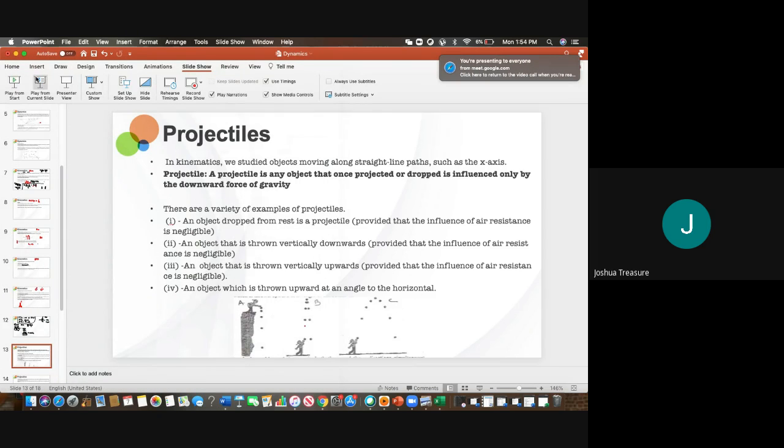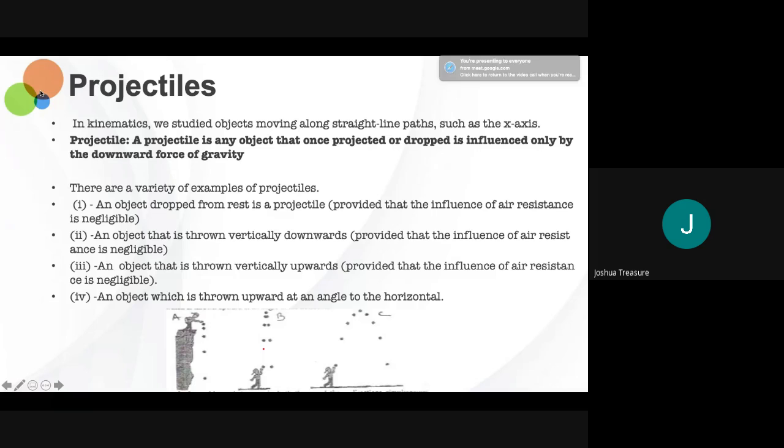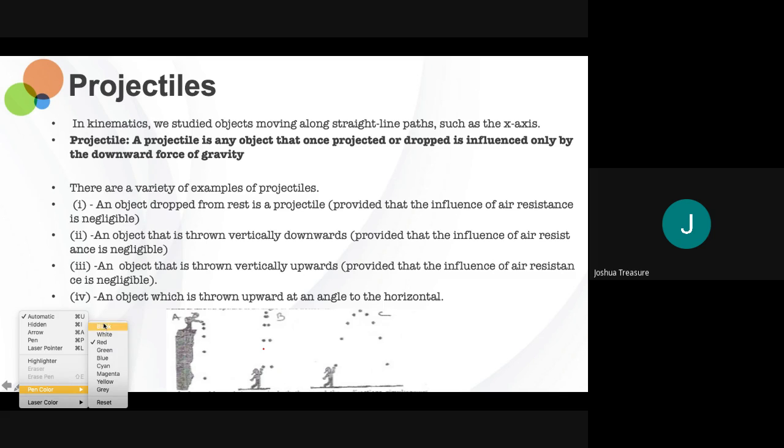In the meantime, for the last 6 minutes, let's talk about projectiles. This is a very good topic. In kinematics, we studied objects moving along a straight path, such as the x-axis.